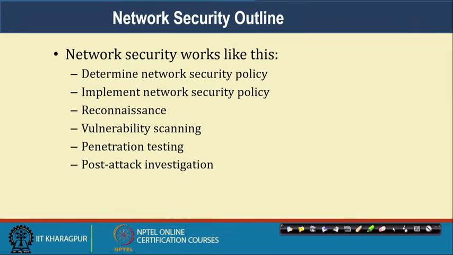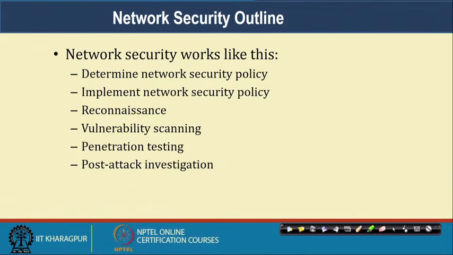So, with this, if we try to look at what our network security outline is, it works like this: determine the network security policies. Say if I take an IT infrastructure, what are the network security policies, then implement the network security policy.